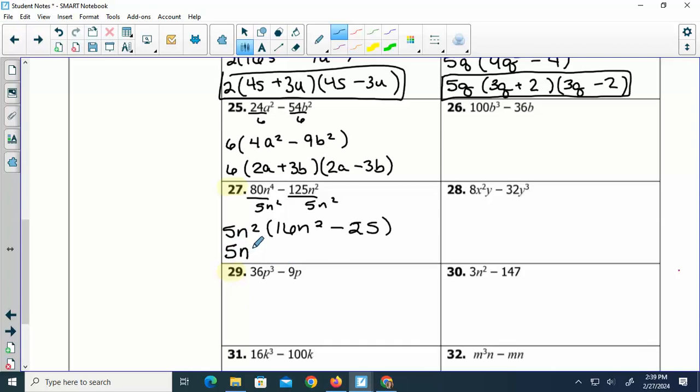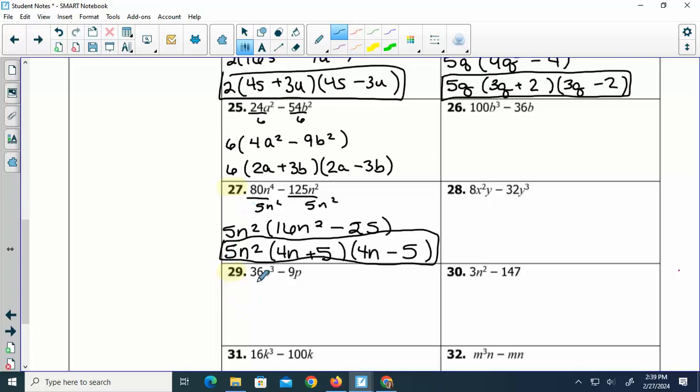Okay, you don't lose that 5n squared in front. It stays. And then we have our 2 parentheses. So 16n squared. Square root of 16 is 4. And it had 2 n's, so each of them gets 1. Plus and minus the square root of 25 is 5. And how could we always check ourselves on these? Multiply it back out, and we should get back to where we started.